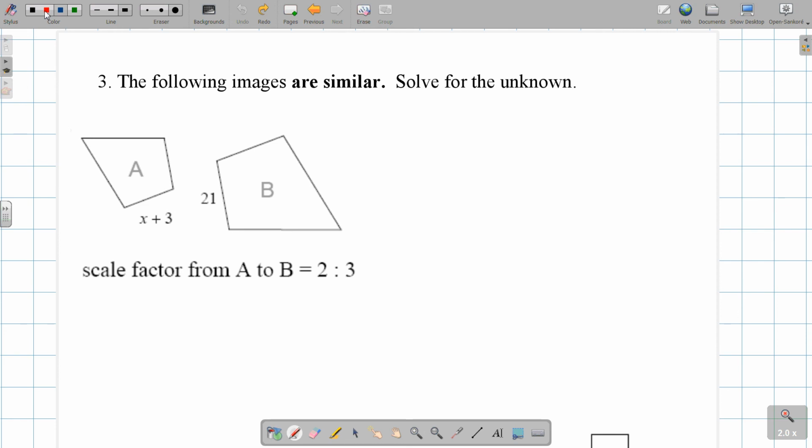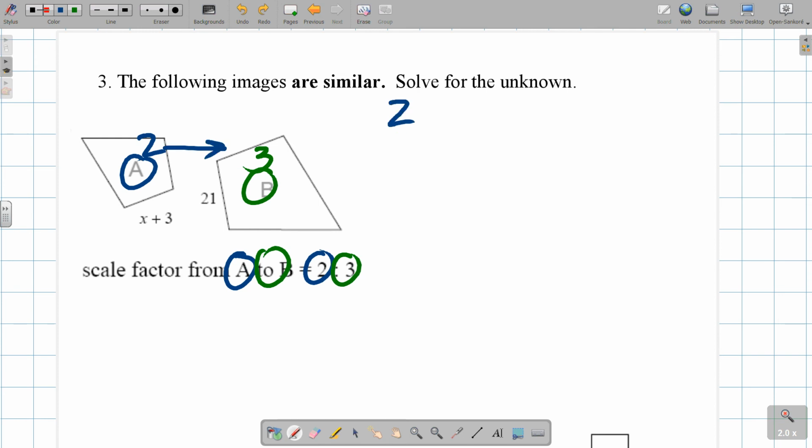Notice, watch out, the variables A2, B3. We're going left to right this time, 2, 3. So A2, B3, that's A2, B3 equals, and then you go x plus 3 over 21.